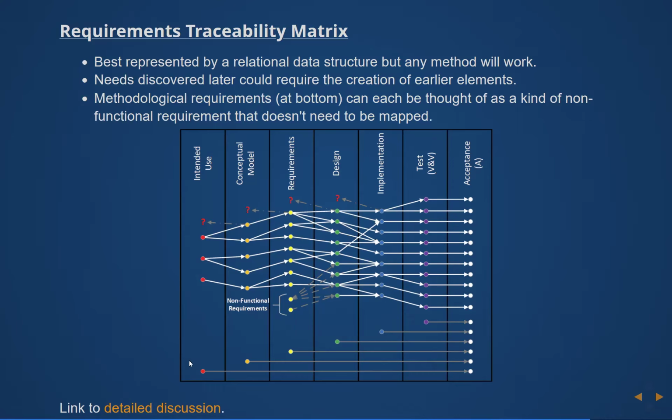So we'll start with a few identified intended uses, and then we'll look at all the items going on in the conceptual model in the as-is state, if there is one. All right, and then we will move forward to requirements based on what we need.